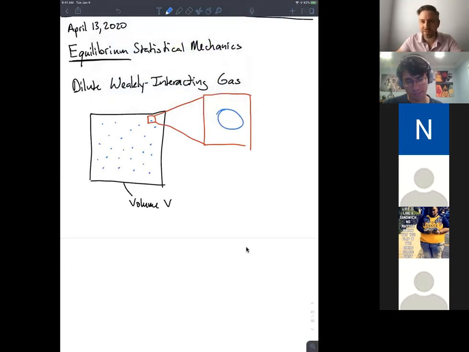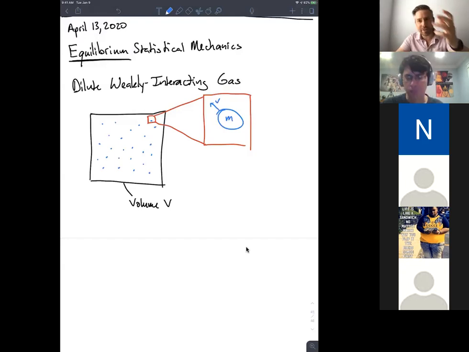That is, it's a spherically symmetric ball. It has mass m and some velocity v, and it behaves according to Newtonian mechanics. That is, momentum is conserved, and the force applied is equal to the time rate of change of the momentum. So all the good things that Sir Isaac Newton told us about, we will assume apply to these little balls.